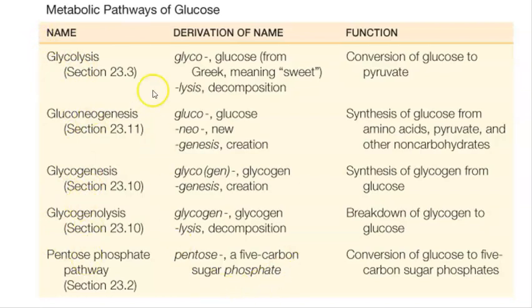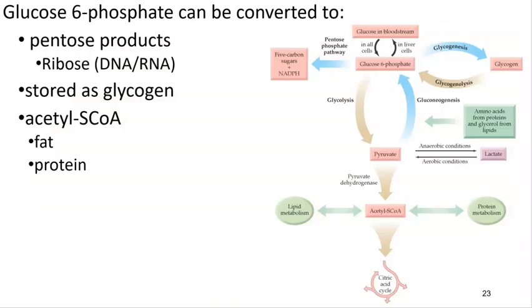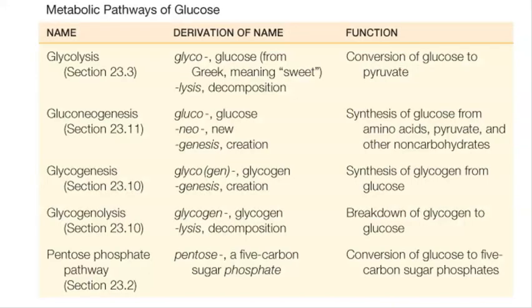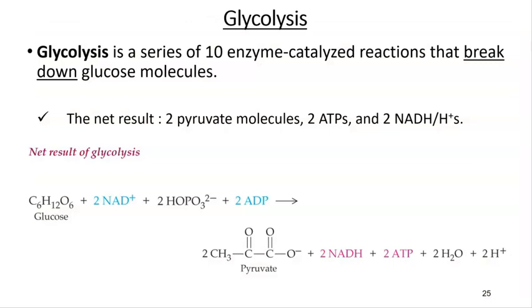Here's where their name is derived from and what their function is. So you should be able to look at this picture, but this is just a helpful chart. These are things that you should know. These are things that are really important for this class, kind of the point of this class. But we're going to start looking at glycolysis and the metabolic processes that are involved here.